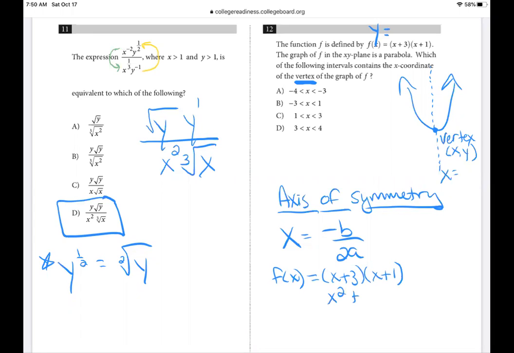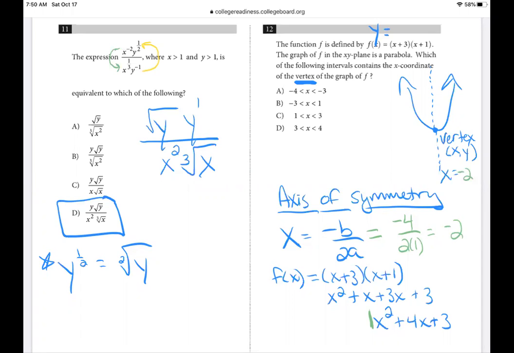So I'd have x squared plus x plus 3x plus 3, simplified to x squared plus 4x plus 3. And if I use that axis of symmetry formula, I have a b value of 4, so that would be -4 over 2 times an a value of 1. And -4 divided by 2 gives me -2. So the x value of the vertex is -2.